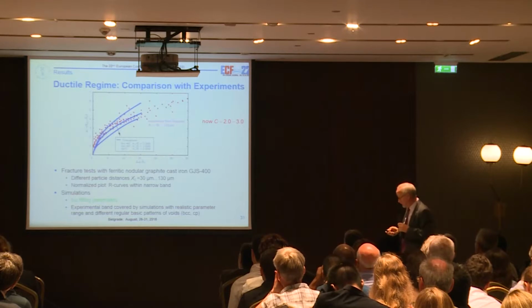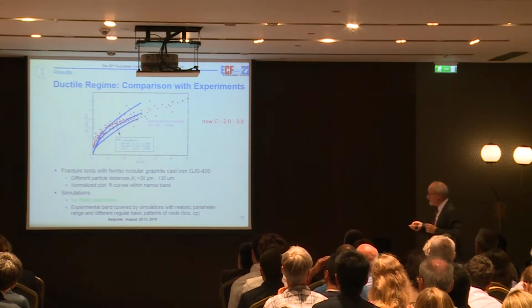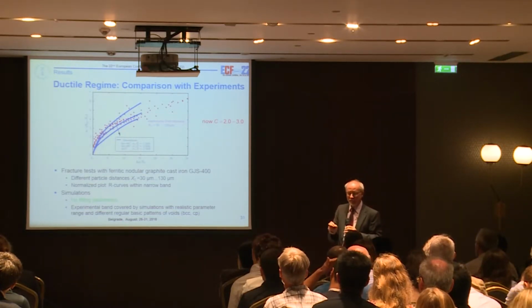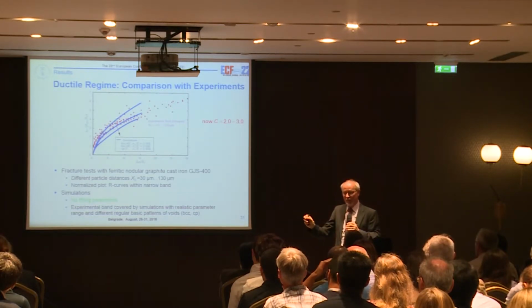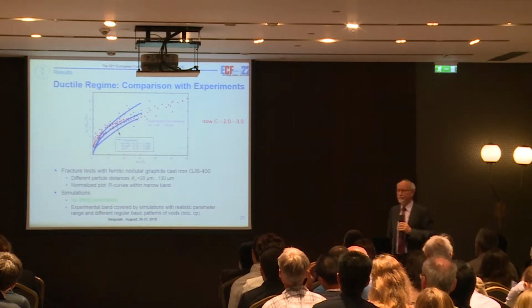That is what we wanted to understand. In these simulations, we did no fitting of any material parameters, only the plastic matrix behavior and the geometry of the voids, nothing else, to predict the ductile J-R curve.